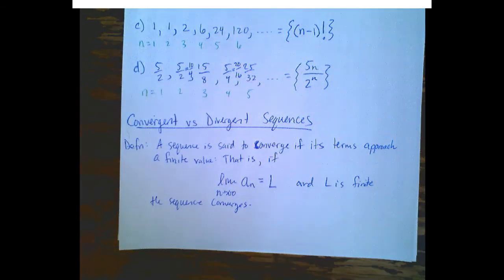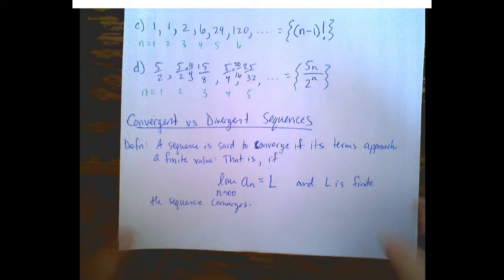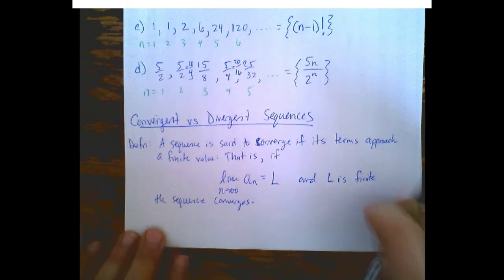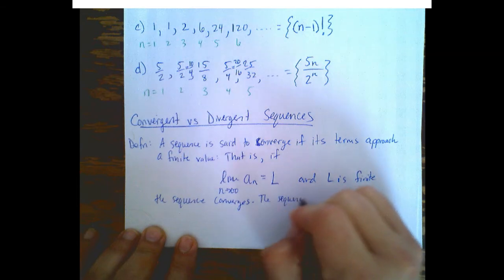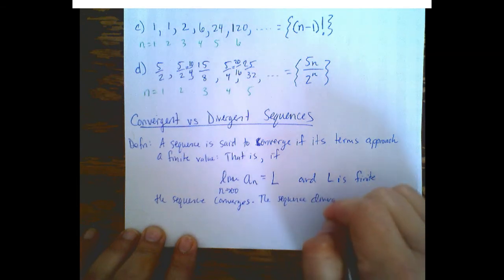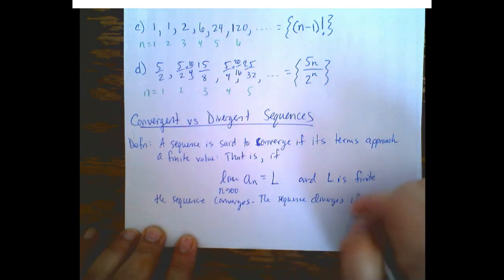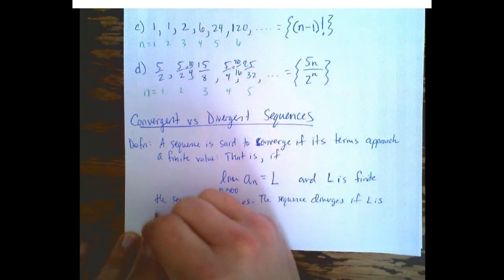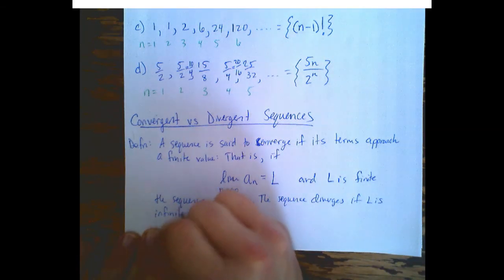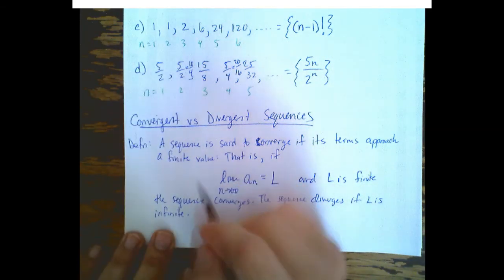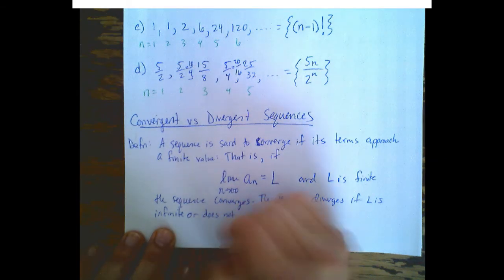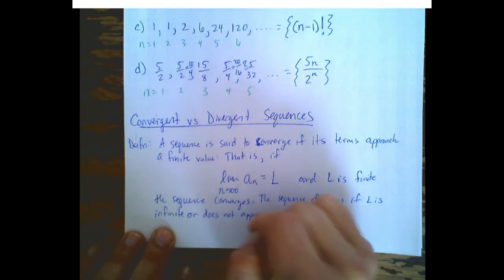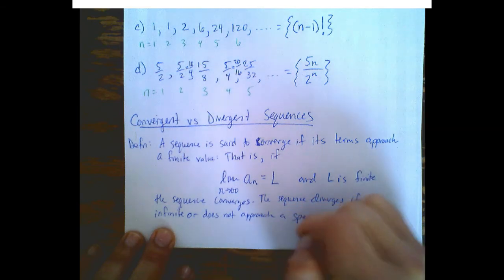Okay. So if you see a general trend in the values of these terms, then it converges. Diverges otherwise. The sequence diverges if L is infinite, or does not approach a specific value.